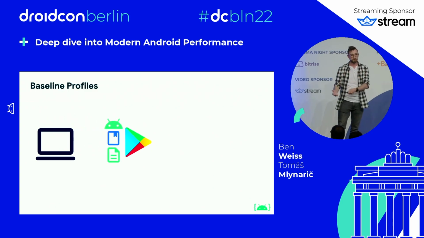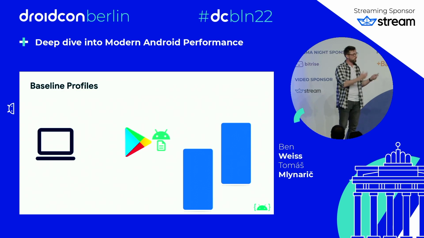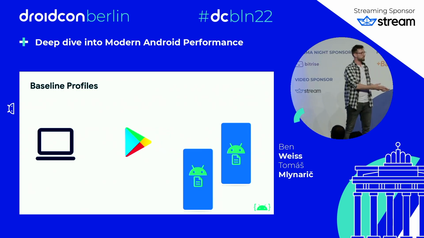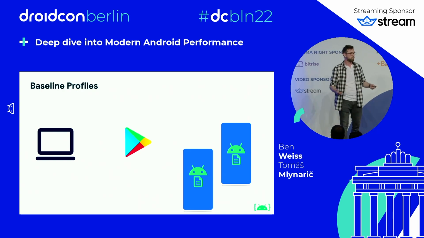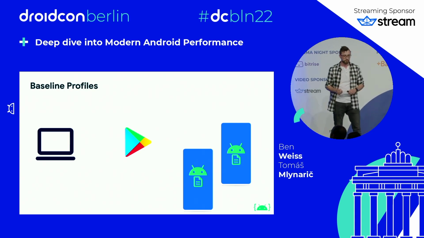Google Play will process the profiles, and when users download the application before the cloud profiles are ready, it will use the rules you specified so that they get the performance boost out of the box. At installation, ART will pre-compile the rules, which are the methods or classes, into machine code, so that when you start your application, it doesn't have to wait for just-in-time compilation to compile those methods. So you get the performance benefits.